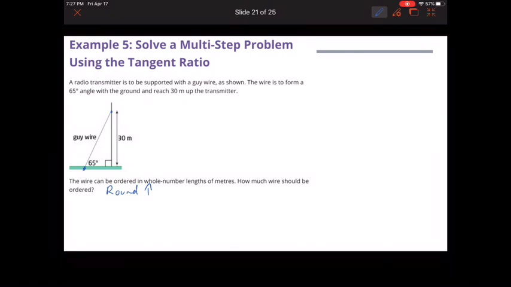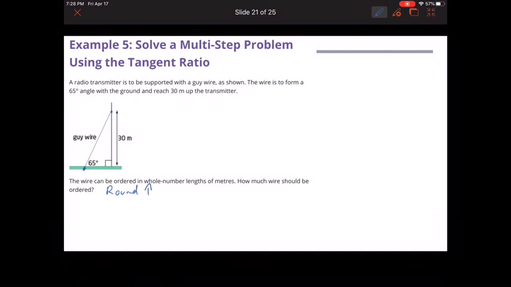So we want to know how long the guy wire is going to be. Here we're actually trying to find the hypotenuse. This is a multi-step problem, so we're going to use a couple different things on this one.